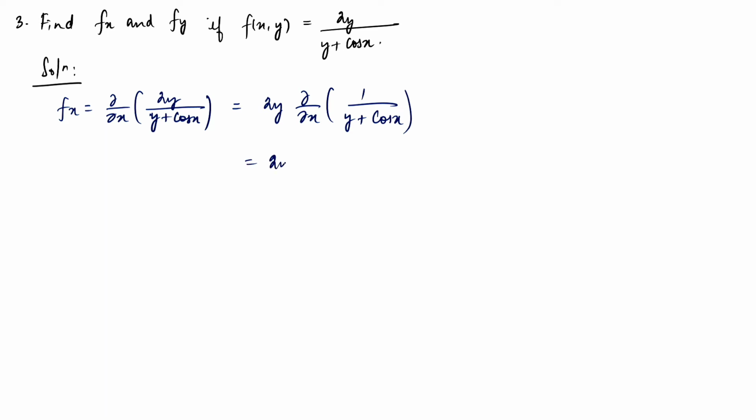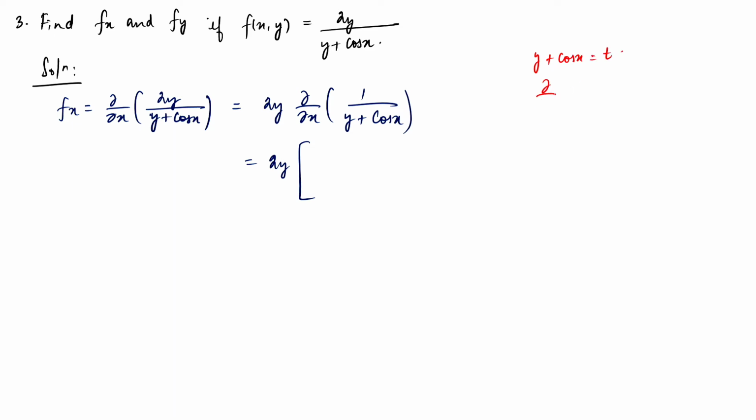Then, in these cases, let us make use of the chain rule by taking y plus cos x as t.